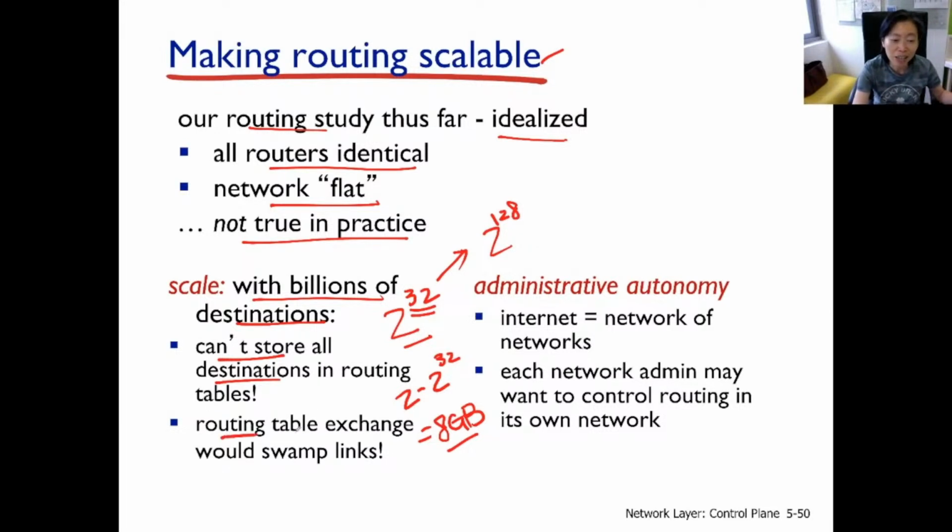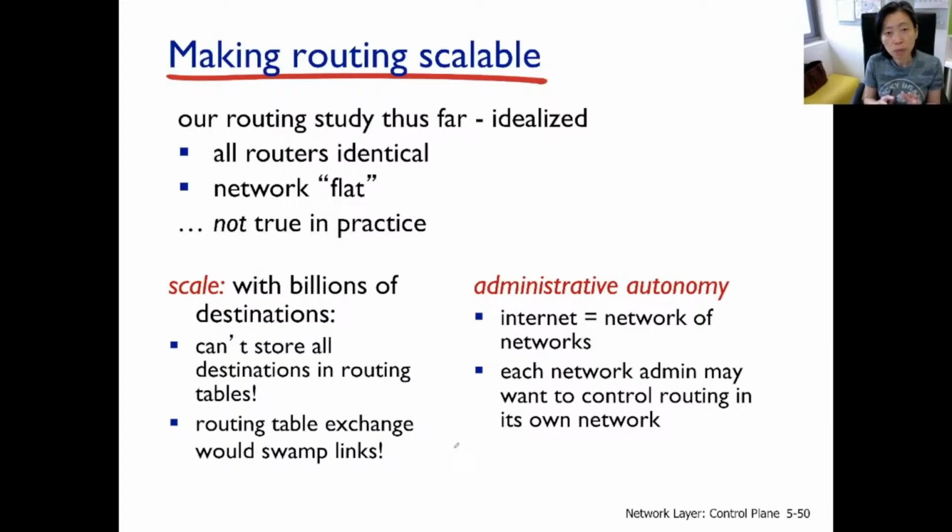This distance vector exchange is also going to swamp the links, because each of them is this big. You need to send really, really long messages to make sure that the entire 8 gigabytes of this very basic distance vector table gets to the neighbors. Ouch. You see, it's not going to work if we treat all routers the same and run just one routing algorithm throughout the internet. It's just not going to scale.